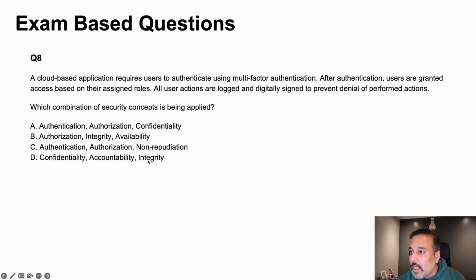If we talk about accountability, there is no accountability here because actually all actions are logged. But the point is, if they add non-repudiation in a couple of options, then you need to eliminate which security concept does not apply. But to save time, if you find any quick wins, like in this instance, just go for it.